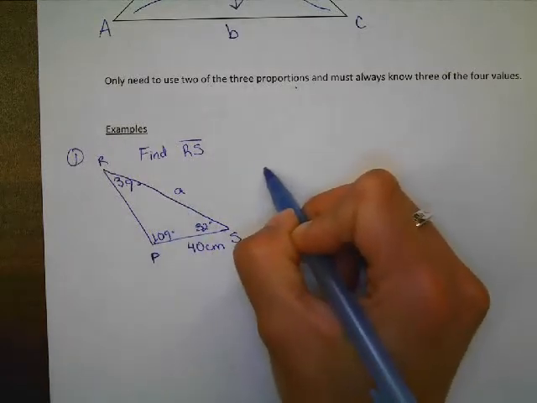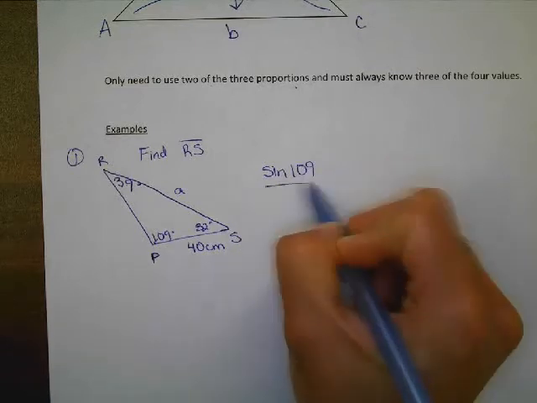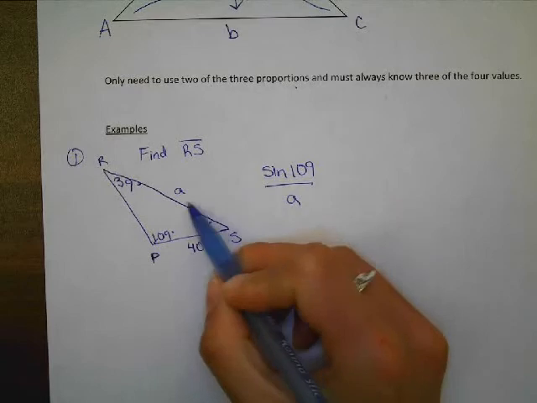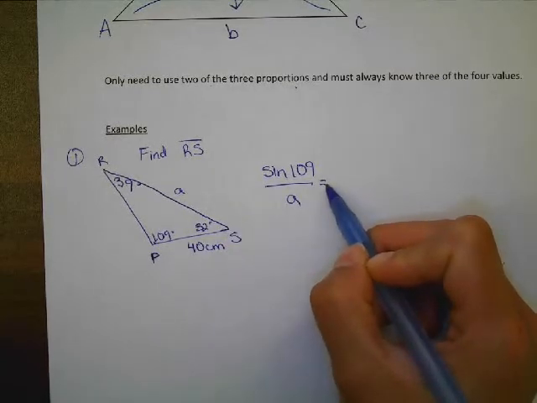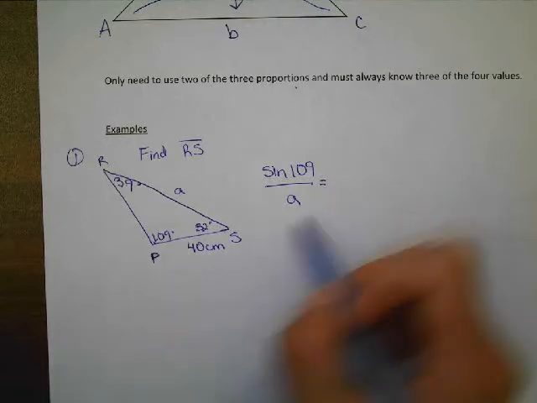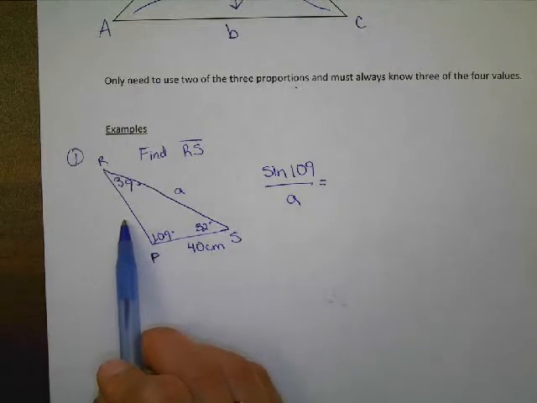So I will set up a proportion: sine of the angle, which is 109, divided by the side that we want, side A there, equals, now we need another angle and its opposite side. Well, if we look at our triangle, we do have angle 32, but we don't know what that opposite side is, so we can't set it equal to that one.